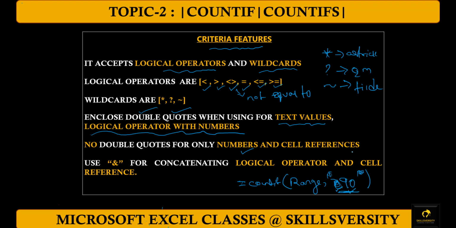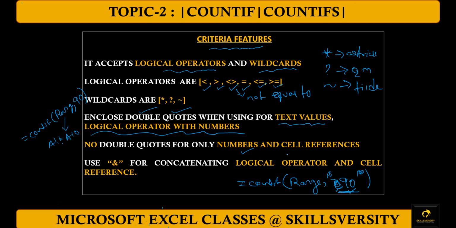For example, COUNTIF range, you're hard coding 90 as a number because you want to count how many 90s are there in this particular range, A1 to A10. So just enter 90, no greater than, nothing. No need to enclose double quotes.